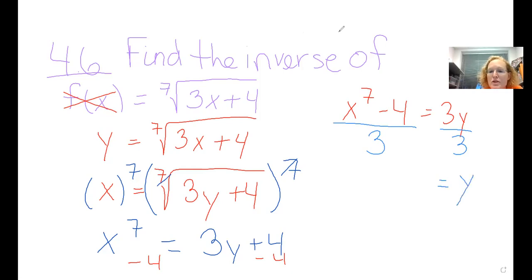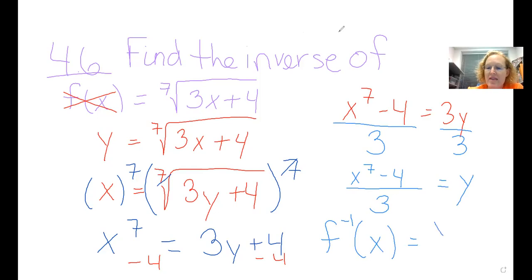Those 3's cancel, and that leaves me with x to the 7th minus 4, all divided by 3. So my inverse function, if you'd like to write it that way, remember f with the little -1 means an inverse, is x to the 7th minus 4, all divided by 3.